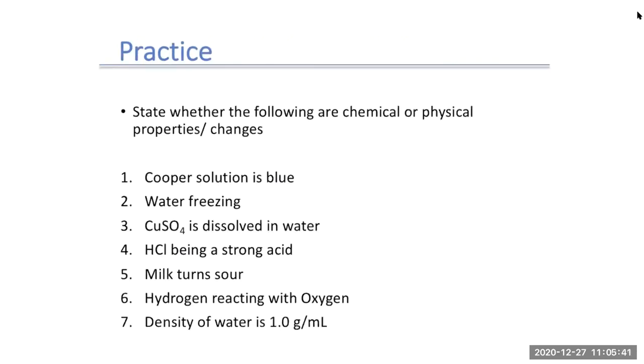Now that we've learned a little bit about chemical and physical properties and chemical and physical changes, let's practice this knowledge a bit. So for example, if I say that a copper solution is blue, would you think that's a chemical or physical property or change? Since we're talking about the color of the solution, that would be a physical property.